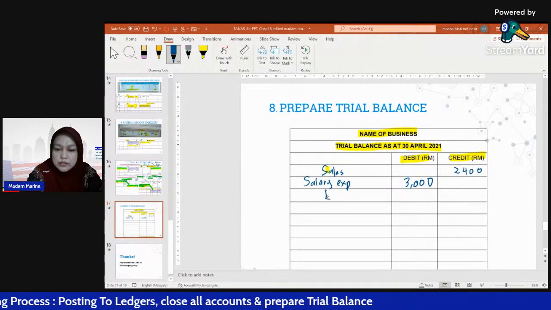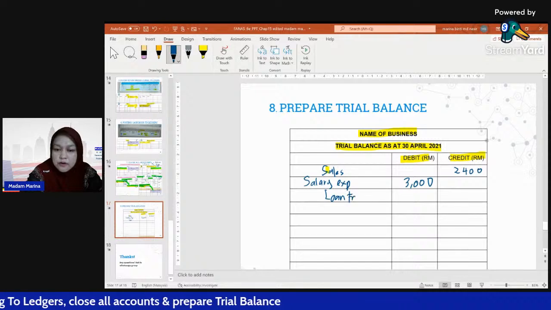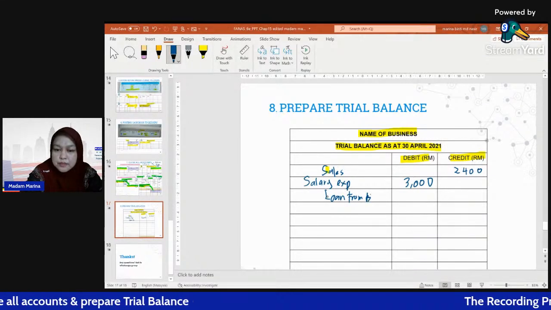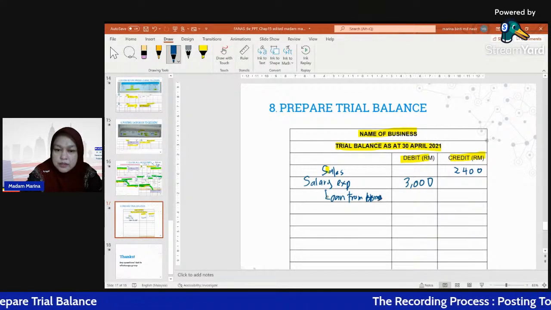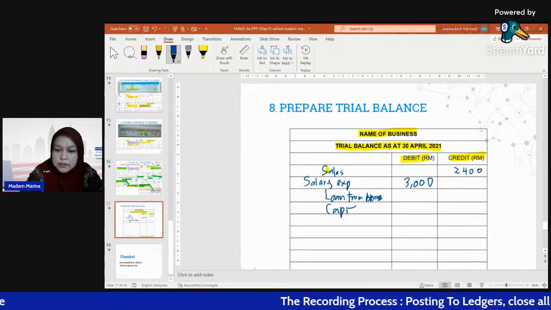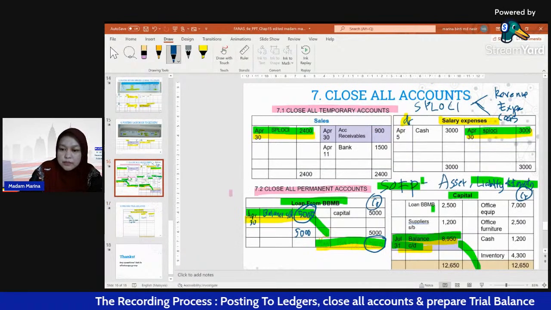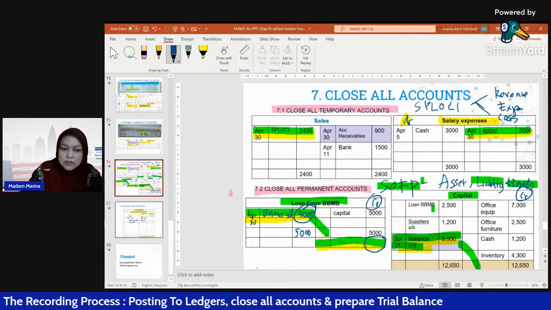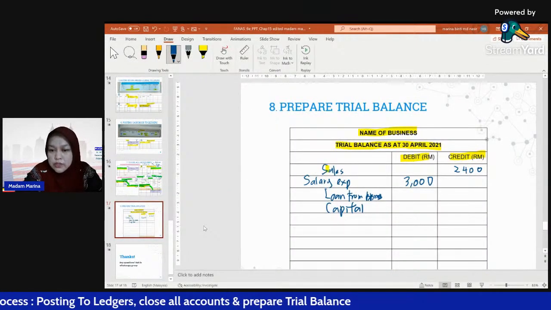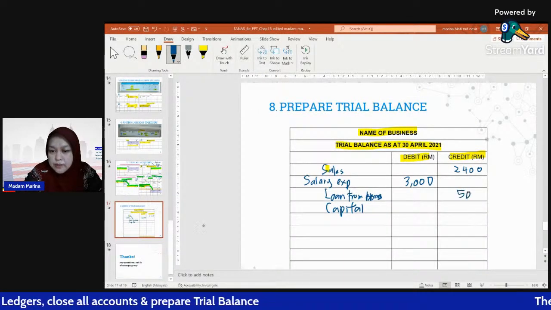Loan from BBMB, and last tadi kita ada capital. Loan 5,000 sebelah kredit.